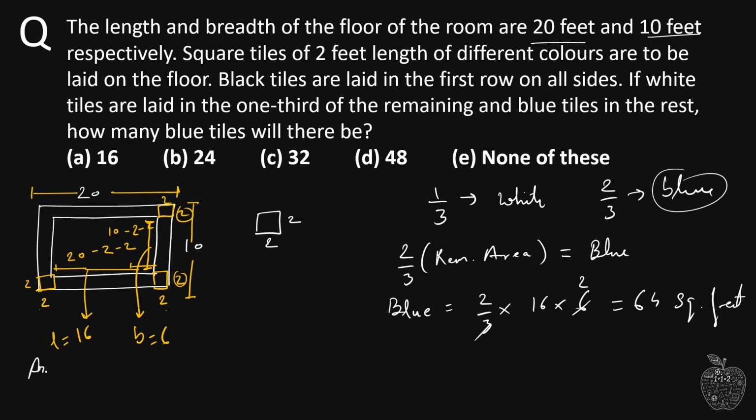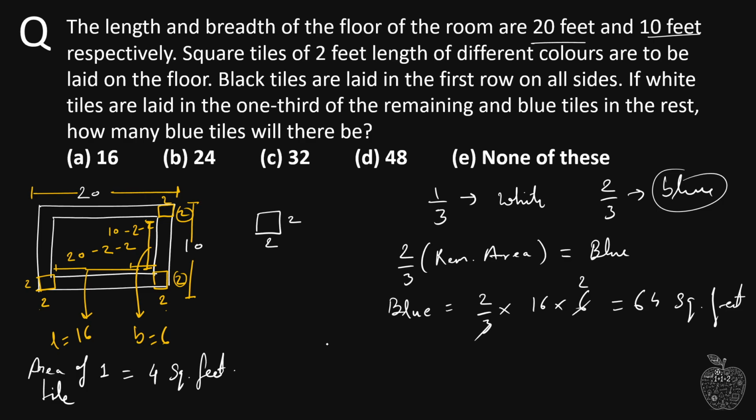Now the area of one tile here. This is one single tile and the area will be 2 into 2, 4 square feet. Now the total area to be covered is 64 and one tile covers 4 square feet. Then how many tiles will be required to cover this entire thing?